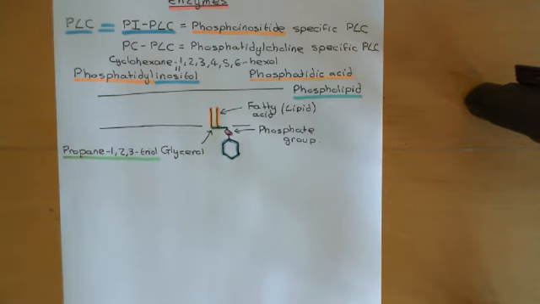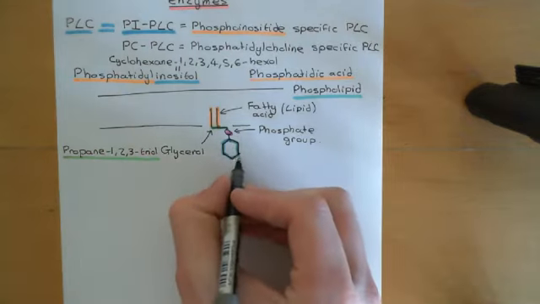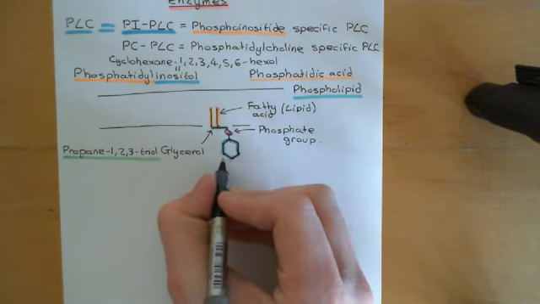So phosphoinositides are going to be based on the structure of phosphatidylinositol, basically. And to turn phosphatidylinositol into an arbitrary phosphoinositide, all you have to do is add more phosphate groups onto the alcohol groups that come off this inositol ring.